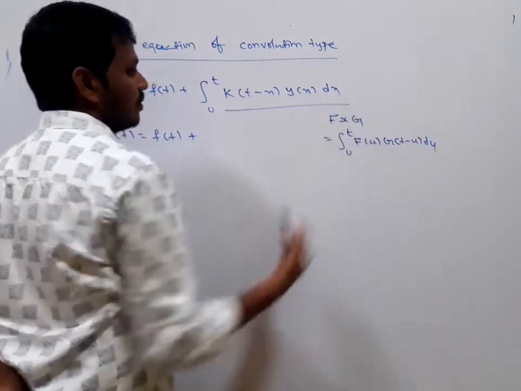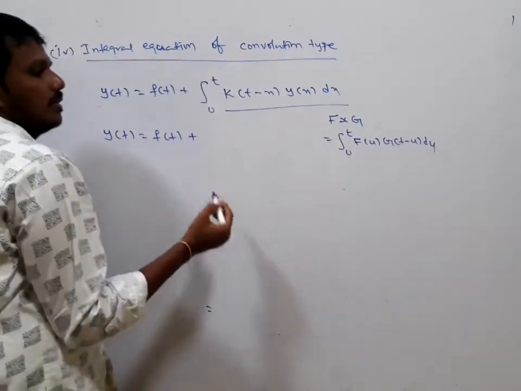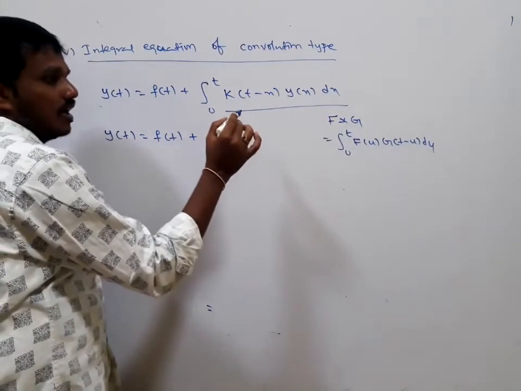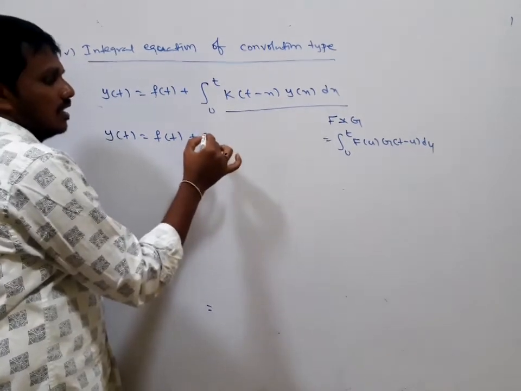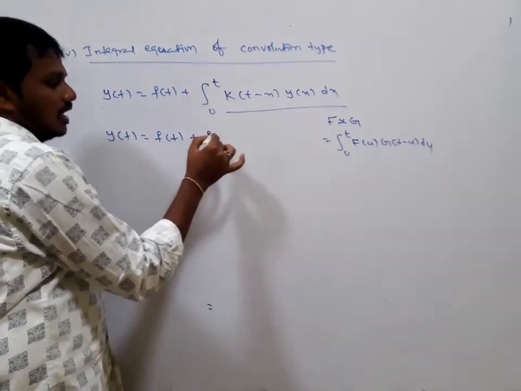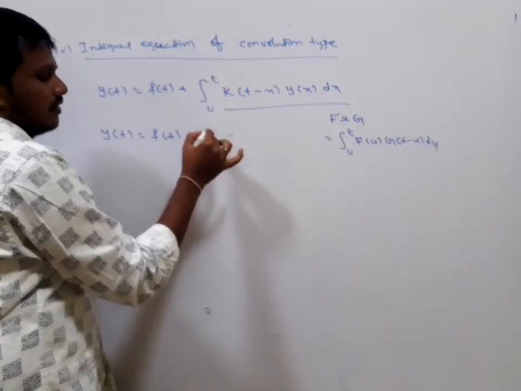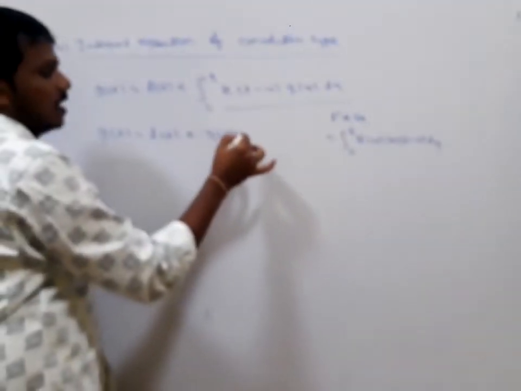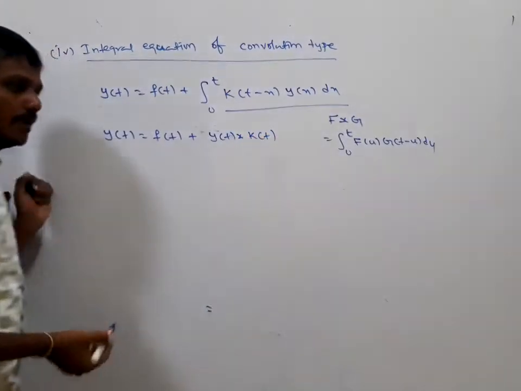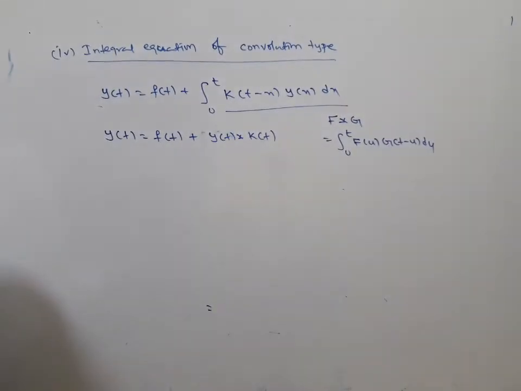Here also it is in the same form. By using the definition of the convolution, this can be written as y of t is equal to f of t plus y of t star k of t.